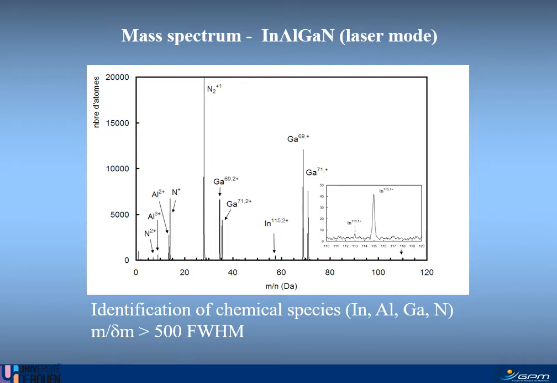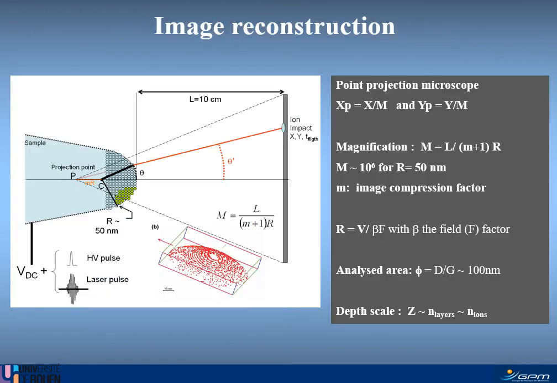So this peak is at 28, and so forth. So you've got gallium also, indium. And you can see in this zoom that you've got indium, but you've got a background noise here. So this is important for the quantitativity of the instrument.